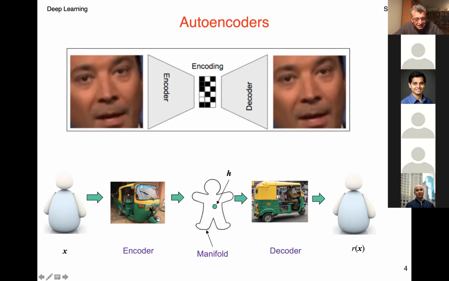So I was thinking of the encoder as a flattener of this three-dimensional object into a flat object, which is a manifold. Actually, it is wrong to say that it is the entire manifold. It's really a point on a manifold.